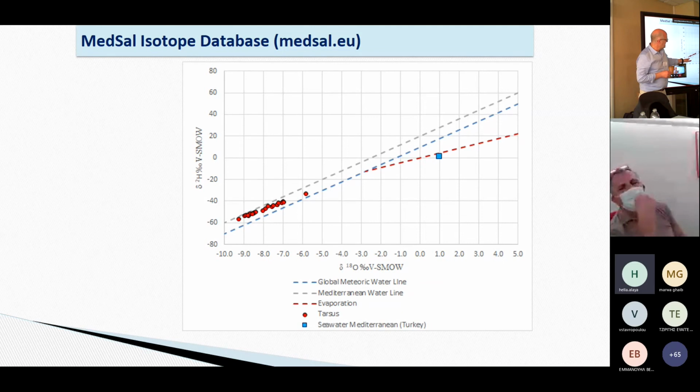This is where we expect global precipitation to be, which is 8 times the O18 value plus 10, which is the deuterium excess. And I have plotted the eastern Mediterranean waterline. This is the typical precipitation that we find in the eastern part of the Mediterranean. This is precipitation that stems from vapor that was generated from the Mediterranean itself.